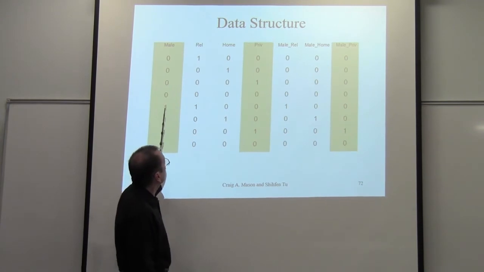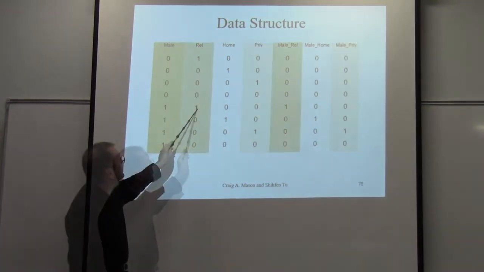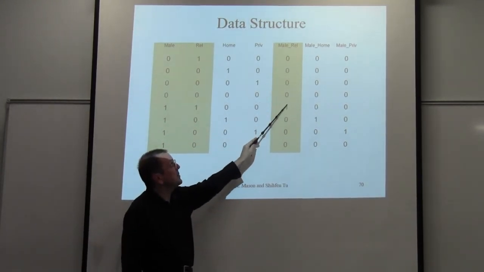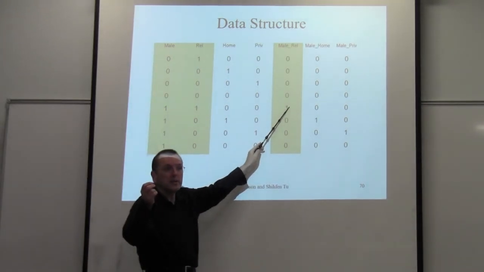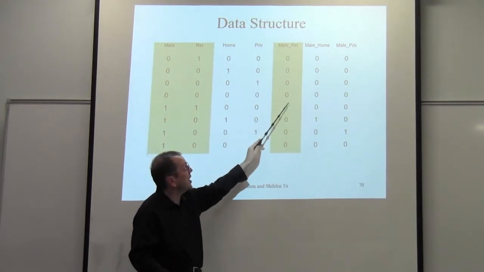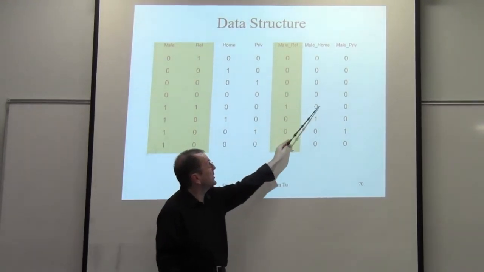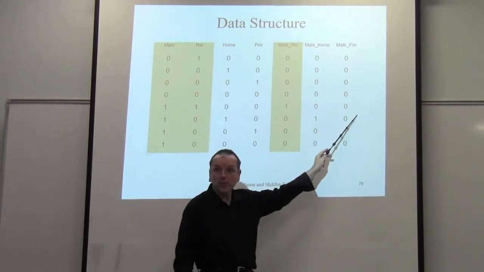So for male, it'd be 1 times 1. This variable that's part of my interaction, male times religious, is going to be equal to 1. Male times home is 1 times 0, which is 0. Male times private is 1 times 0, which is 0.